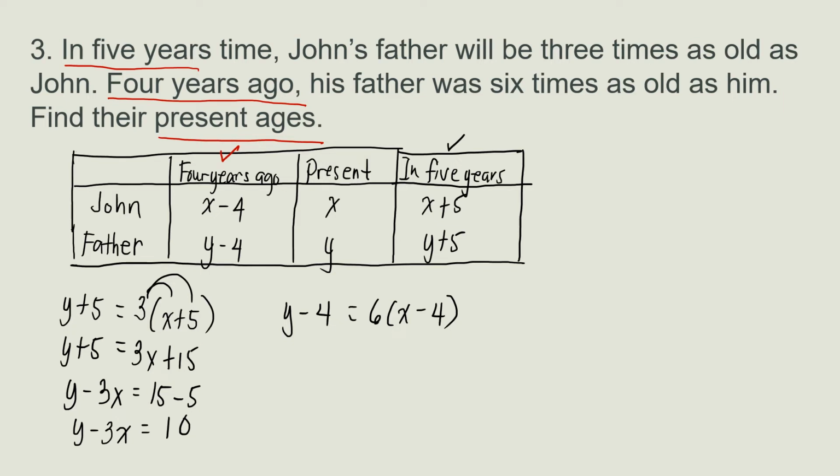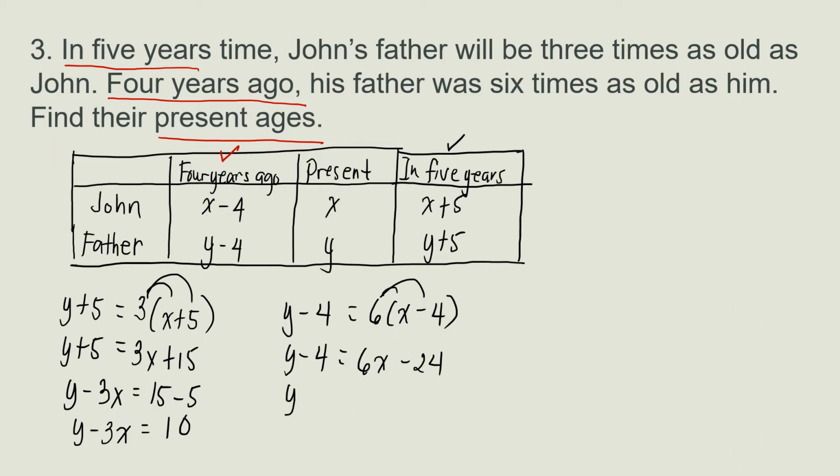Next, let's have the second equation. Same thing, let's simplify. y minus 4, distribute 6, so this would be 6x minus 6 times negative 4, that is negative 24. Same thing, let's put the constant on the right side.